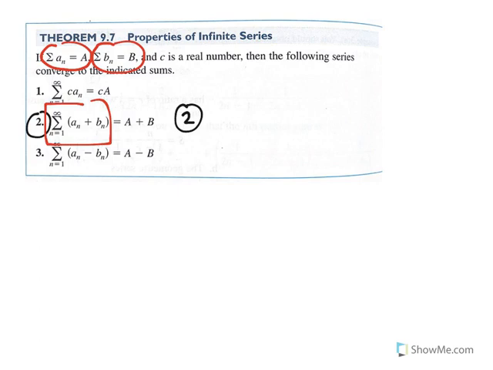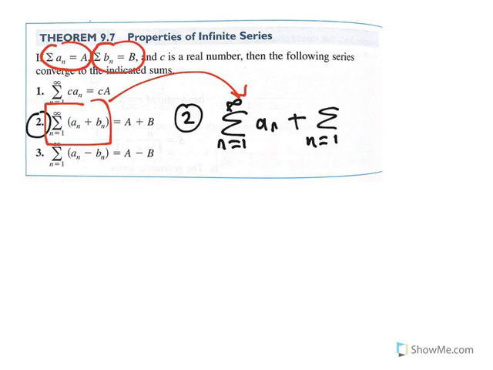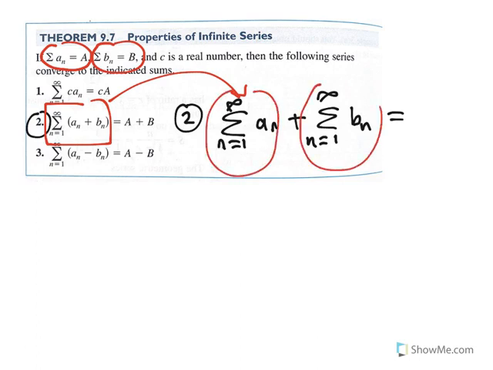So you can rewrite this as the sum from n equal to 1 to infinity of A sub n plus the sum from n equal to 1 to infinity of B sub n. And of course, when you take two convergent series and you add them, the sum will be A plus B. And that's what property 2 states. And property 3 is similar, except you have a difference.